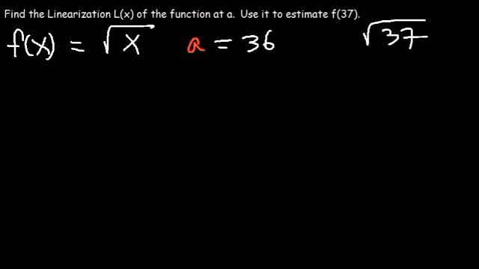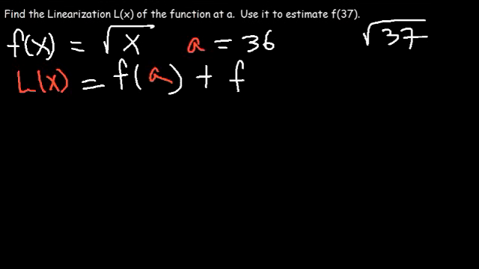So let's write the formula first. We know that L of x is equal to f of a plus f prime of a times x minus a.